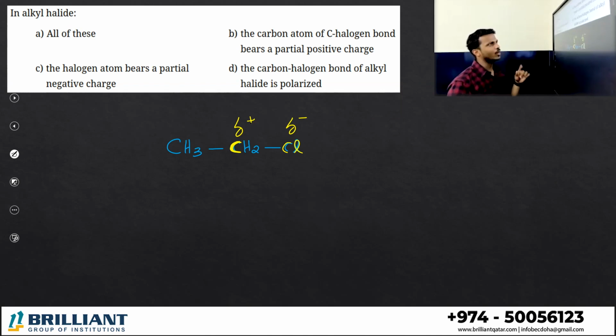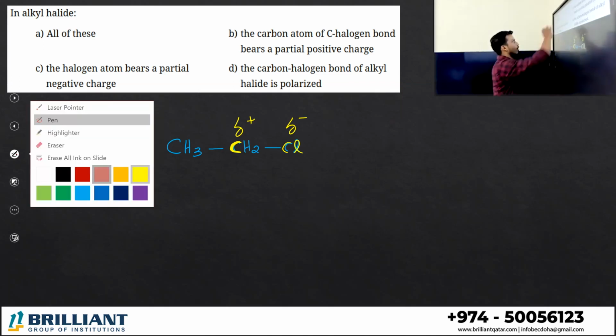The carbon-halogen bond of alkyl halide is polarized. What is the meaning of polarized? They have a charge separation, because there is an electronegativity difference between carbon and chlorine. Chlorine is more electronegative, therefore it carries negative charge. Carbon, compared to chlorine, is positive. So it is polarized. Yes, your answer is all of these.